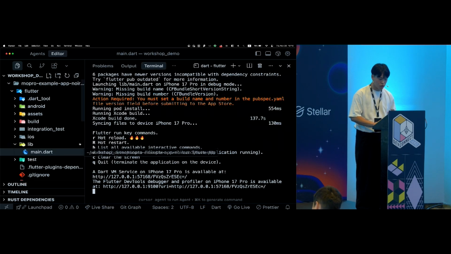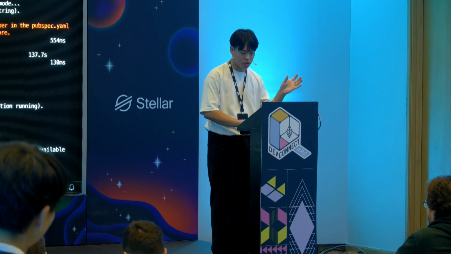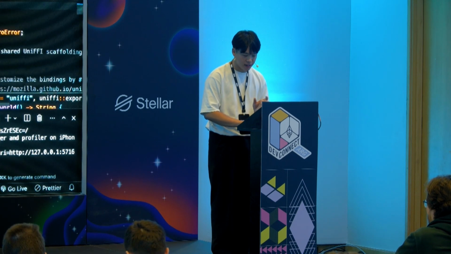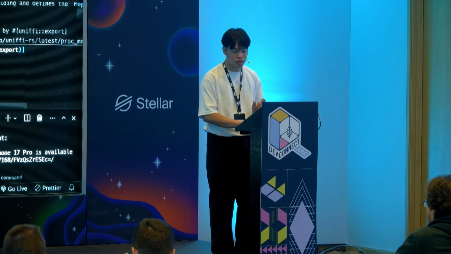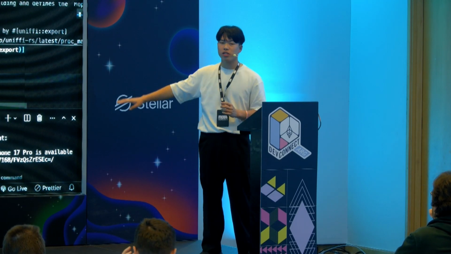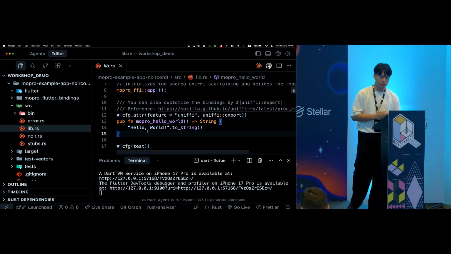If you want to change any logic of the app, you can directly go to the Mopro project's library, which is where we expose the functions, and just add anything you want, generate the bindings again, and run Mopro update to do so.